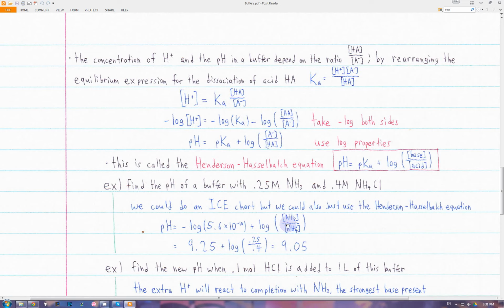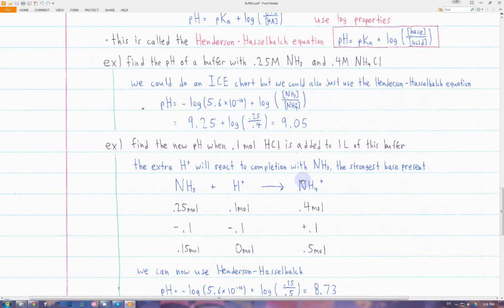So this is 0.25 over 0.4. And then plugging that in, we get the pH is 9.05. So this buffer solution is slightly basic, which we'd expect since the main thing here is ammonia. Ammonia is a stronger base than ammonium is an acid.